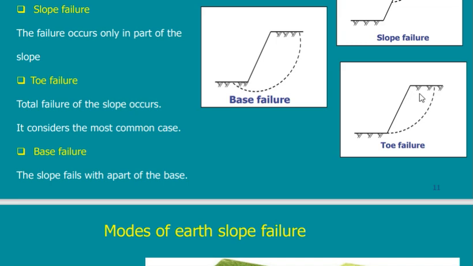If I have a load here, this load multiplied by the arm from this center gives you the moment. So this moment is the driving moment. There is another moment, the moment due to friction, which is the moment along this line. It's the frictional force between this part and this part.